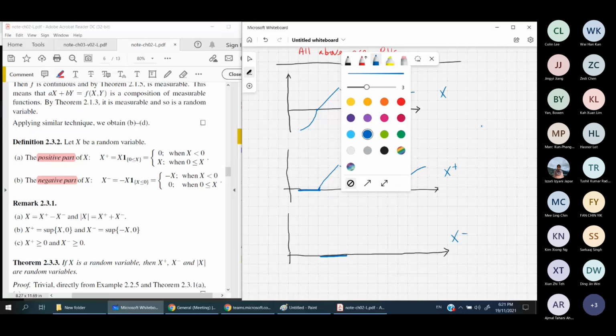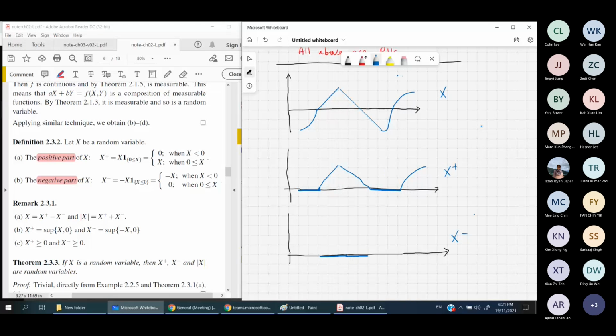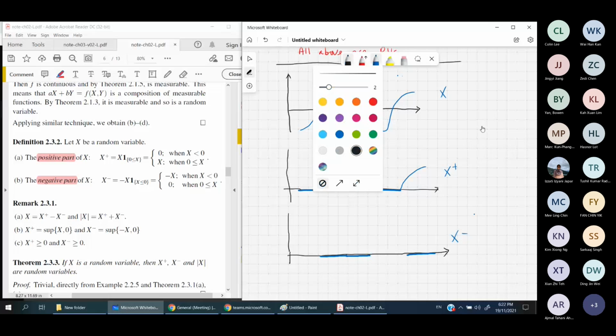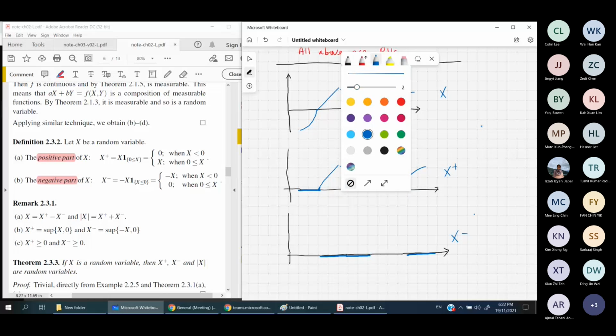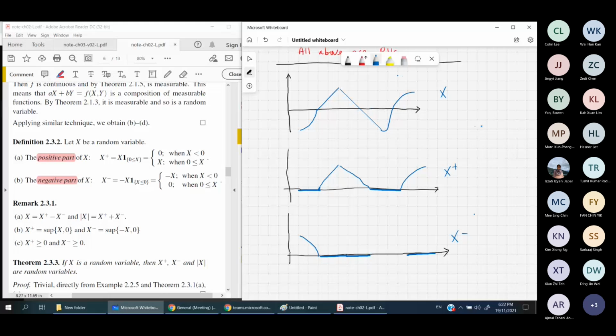So it turns out to be like this, up to here, and this will be 0. Whereas for the portion that is below the x-axis, we reflect it like this, up to here. So if we do the reflections, it becomes like that. This part we reflect, so it becomes like that. And similarly, this one we reflect to here and go down. So this is one.